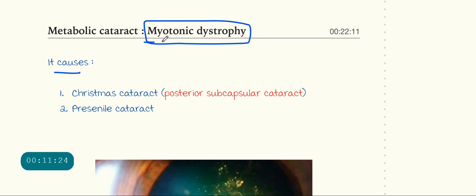These are Christmas cataract, the first type of cataract caused by myotonic dystrophy. The Christmas cataract is also known as posterior subcapsular cataract. Why is it called Christmas cataract? Because it appears like a Christmas tree.